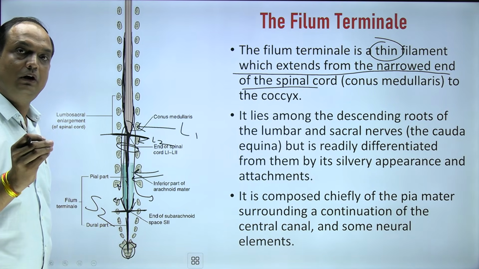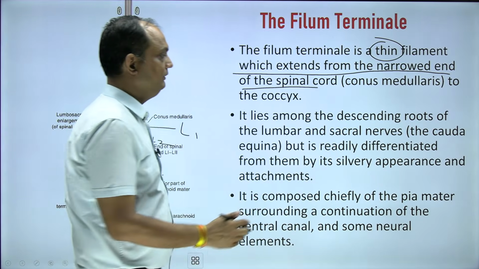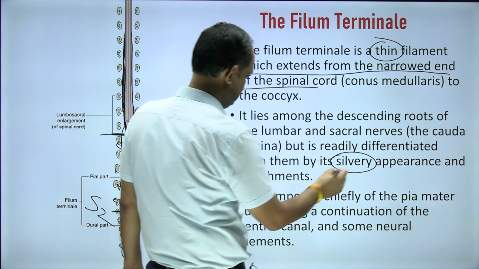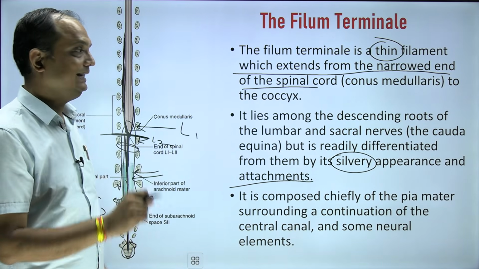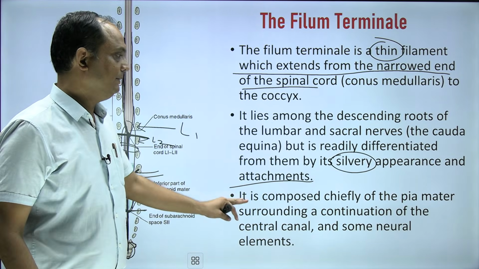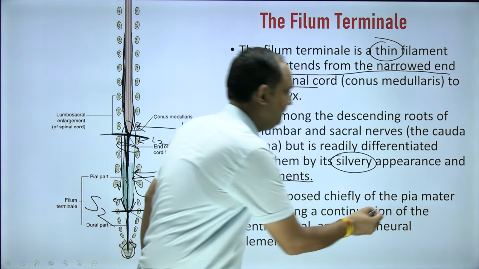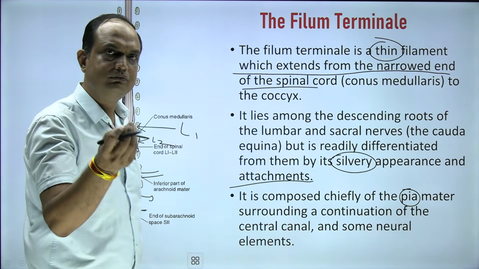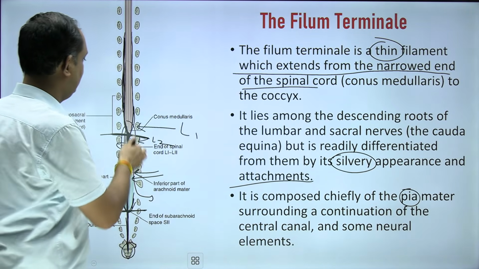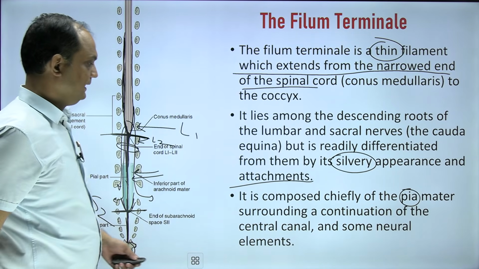And if you look at the cauda equina, you will find a silvery appearing structure, and that is your filum terminale. It is composed mainly of pia mater and some neural tissue coming from the spinal cord.